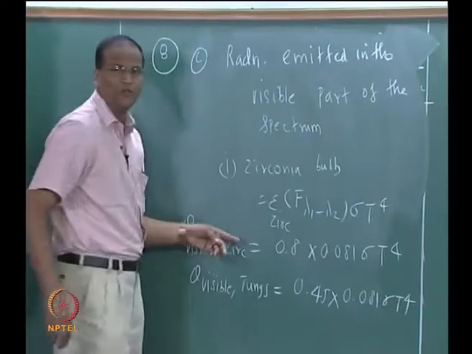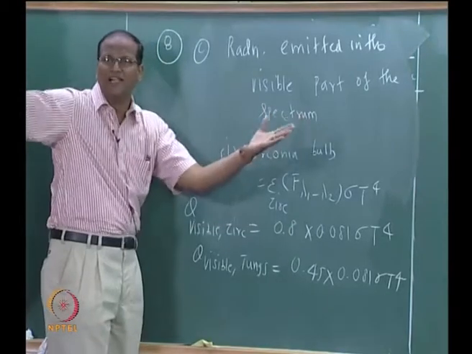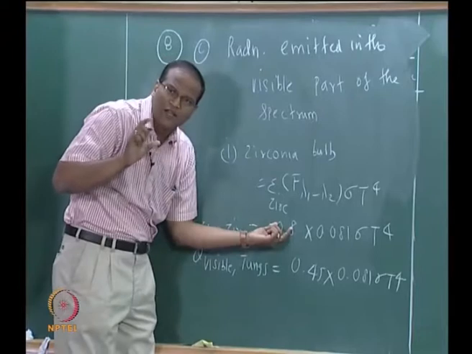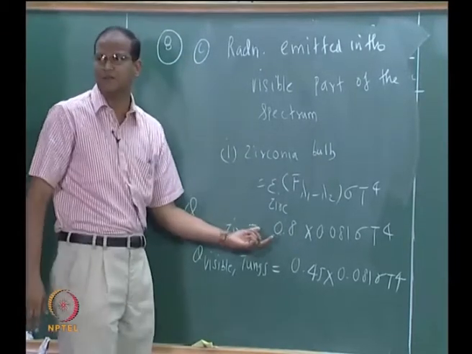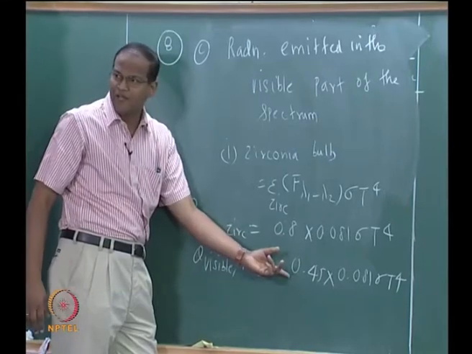Sorry for the small slip. This formula is correct, but I cannot put the total emissivity for the whole thing. I should insert the value of emissivity corresponding to the visible part of the spectrum. So it is 0.8 for the zirconia filament, but it is only 0.45 for tungsten.